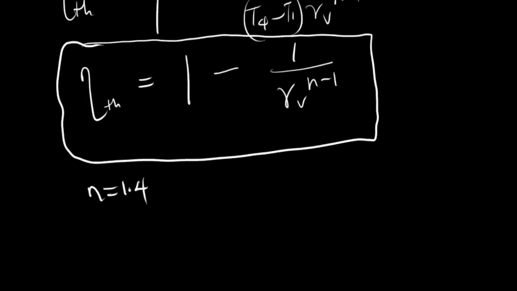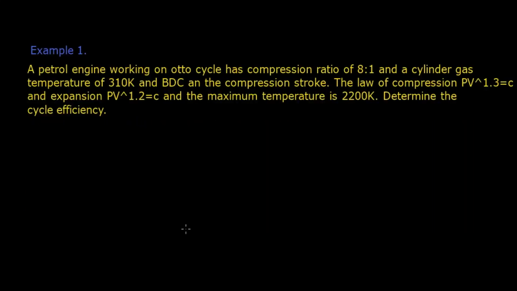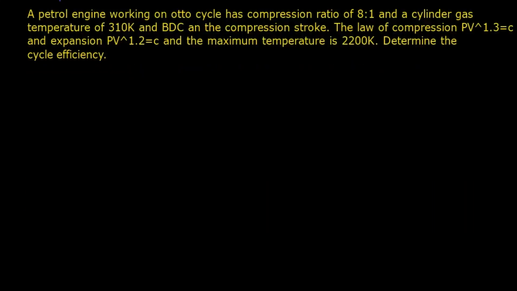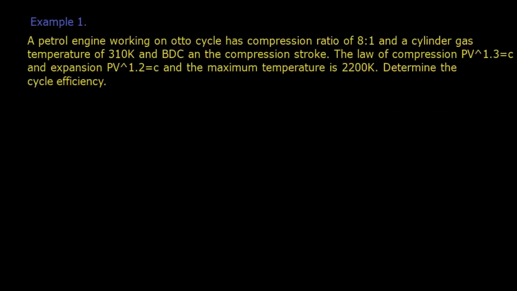Now let's take the example. Example 1. A petrol engine working on an Otto cycle has a compression ratio of 8:1 and a cylinder gas temperature of 310 Kelvin at bottom dead center of the compression stroke.